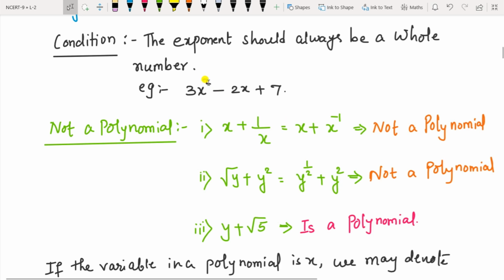It should only be a whole number, like 1, 2, 3, 4 and so on. Then only it is a polynomial. If either of these two things is there, then it is not a polynomial. The root sign can be on numbers alone, then it is still a polynomial. It should not be on the variable, right?